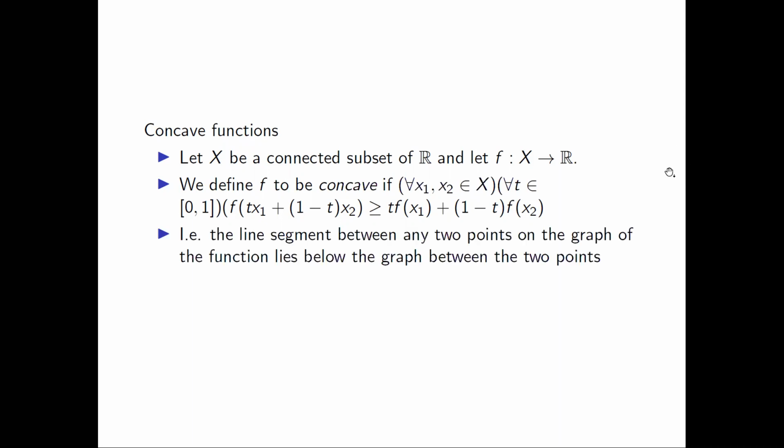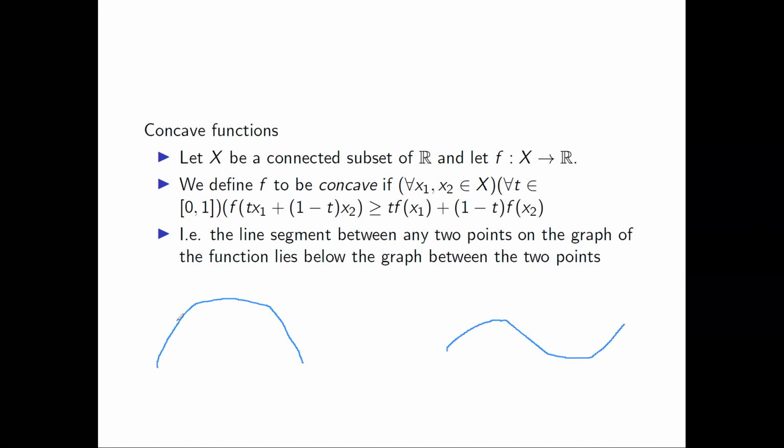So in terms of line segments, instead of the line segment being above the graph between the 2 points, we want the line segment to be below the graph between the 2 points if we're talking about a concave function. So we can look at some examples. On the left, we'll have a function like this. On the right, we'll have a function like this.